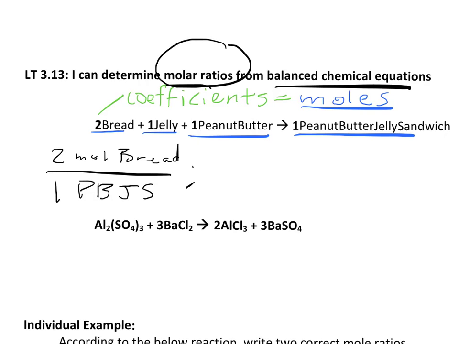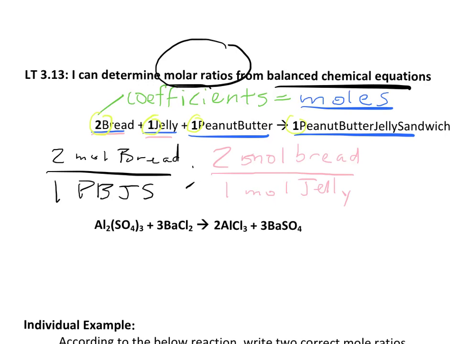Or we could write a different molar ratio. Let's compare the reactants of 2 bread to 1 jelly. We know that for every 2 slices or 2 moles of bread, we are also going to react 1 mole of jelly. And again, we're comparing the coefficients here, the coefficients in front of our reactants and products.